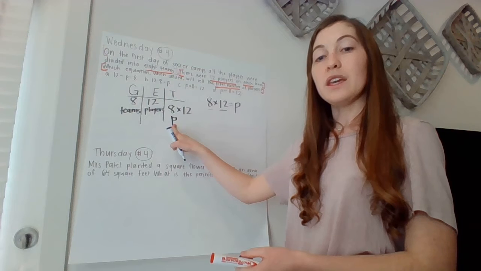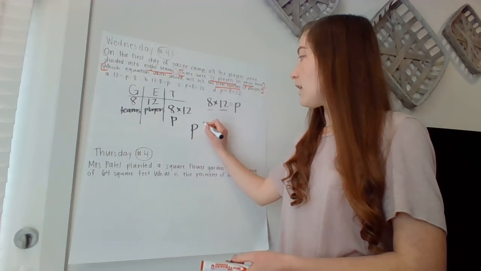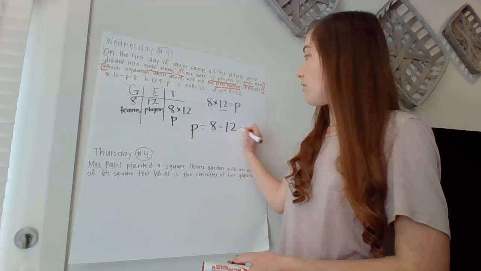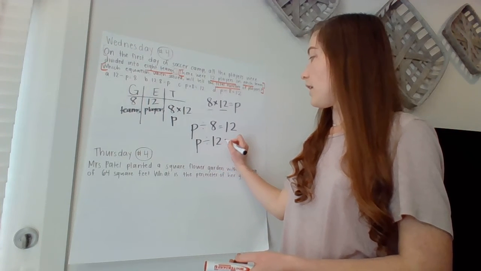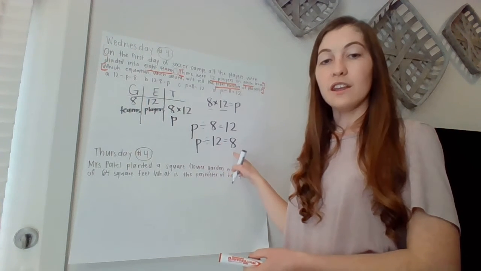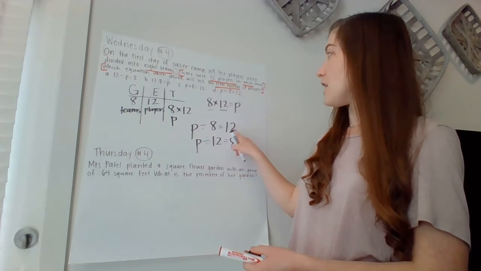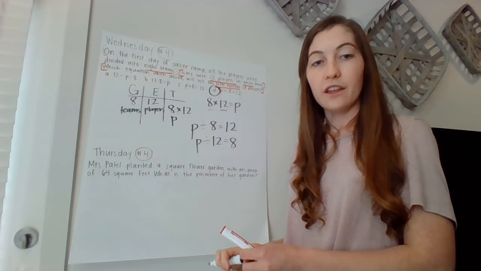Or if I divide P by my each, I would get the groups. So I can take P and divide it by 8 and get my answer of 12. Or I could take P divided by 12 and get my answer of 8. These are our fact families. So I can see that this equation, P divided by 8 equals 12, is my answer choice D. So you find your answer there.